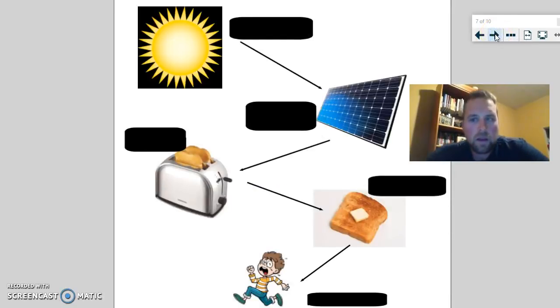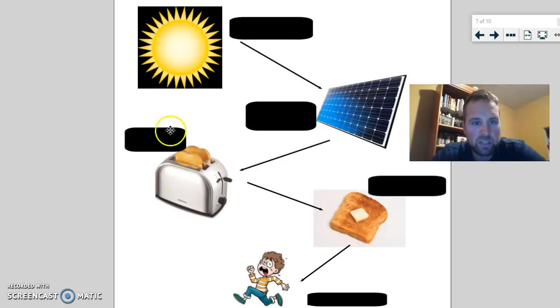Okay, so this is your last big example of the day. This is what we call a multi-energy transformation. So you have multiple steps here, a multi-step energy transformation. So let's start with the sun here. Think about what type of energy is in the sun. And the sun is going to shine on this solar panel. Think about what's in the solar panel, or what the solar panel turns that energy into. Then you have a toaster, again, the toaster that's plugged into an outlet that was powered by a solar panel.